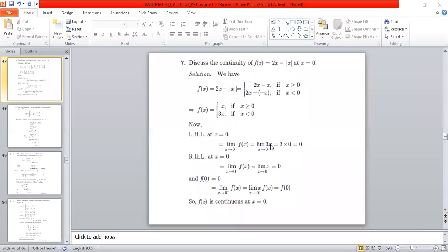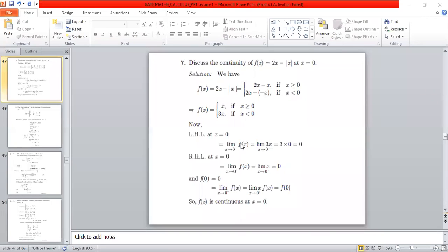Applying x is 0, we get the left hand limit as 0. Next, right hand limit at x is 0, that is limit x tends to 0 plus of f of x, that is x greater than 0. So the function is x for that. So limit x tends to 0 of x is 0.